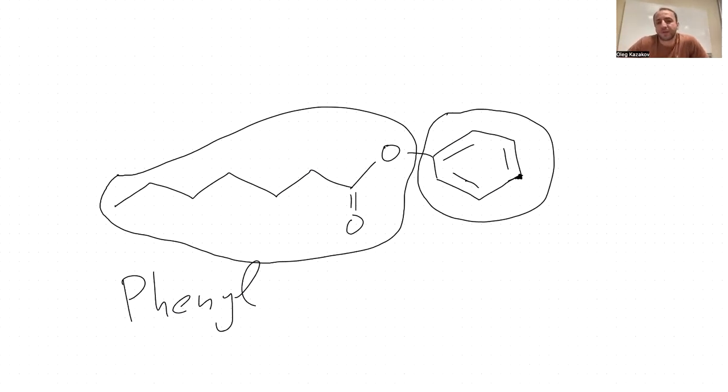Now let's name the carboxylic acid. The carboxylic acid would be here 1, 2, 3, 4, 5, 6, 7, right? 7 carbons in a chain. So that would be, what is it? Hexane, heptane, right? 7 carbons in a chain corresponds to the alkane heptane. But the acid will obviously be heptanoic acid, right?